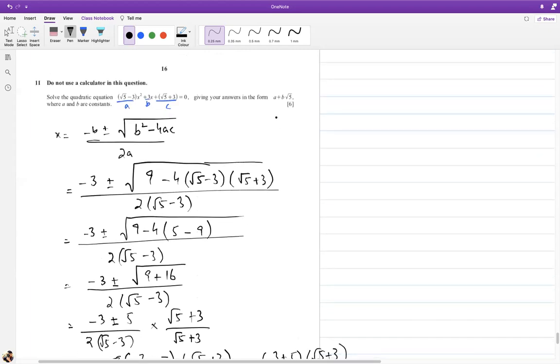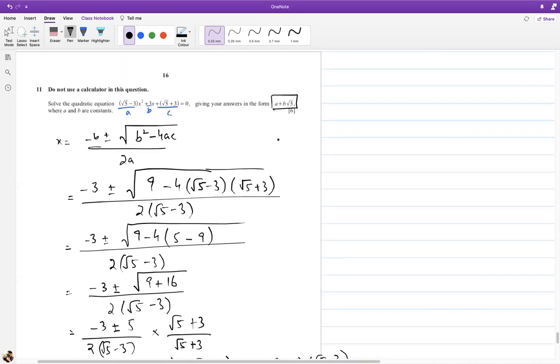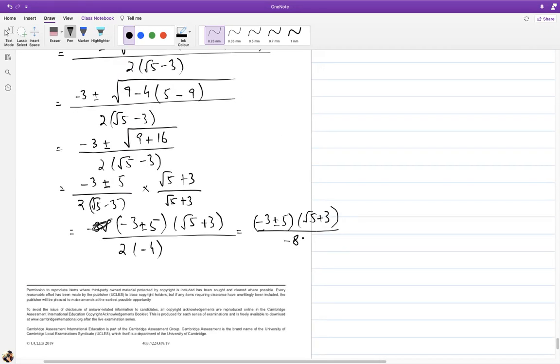Now the examiner wanted us to give the answer in this form. But how is it 4? How's it minus 4? Okay, so a squared minus b squared. A is square root 5, squared, minus 3 squared. So 5 minus 9 is minus 4. Oh, okay. Yeah, and then obviously you'll open this up. You will have two options.